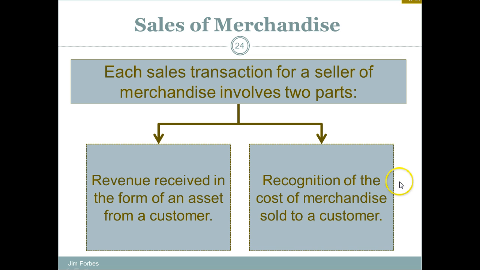Okay, each sale has two parts for a merchandiser. You recognize the revenue, but then you have to recognize the cost of the merchandise also, because you are taking away your inventory. Not only are you receiving money, but you're shipping out your inventory. So it's a two-step process.